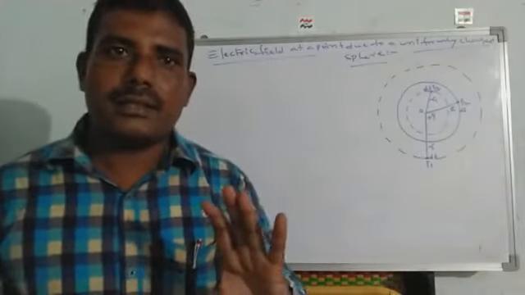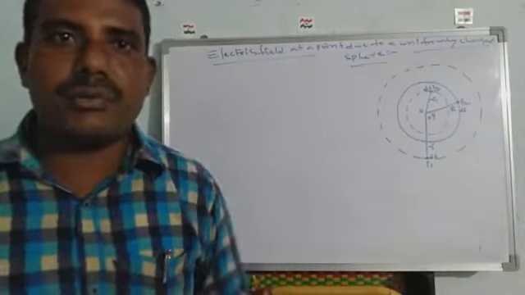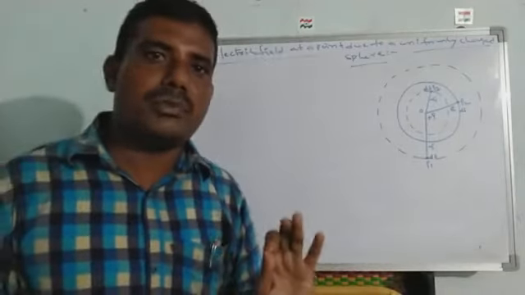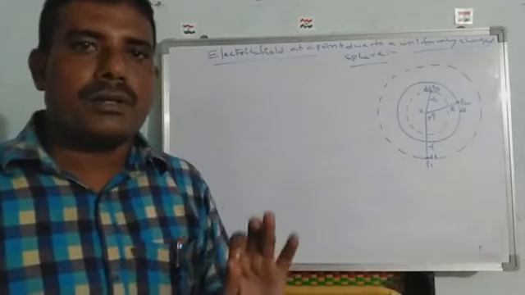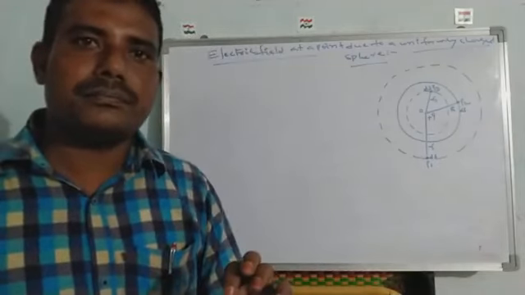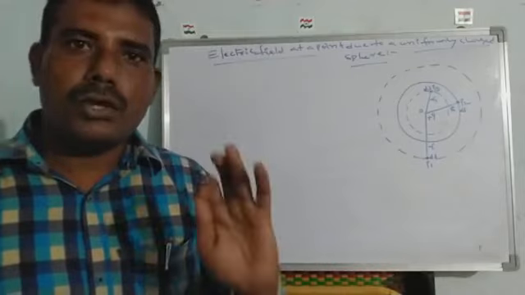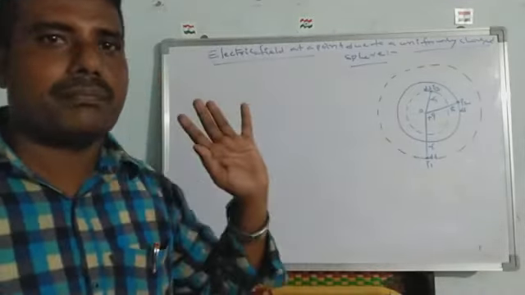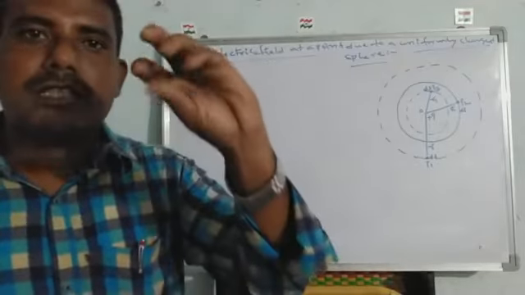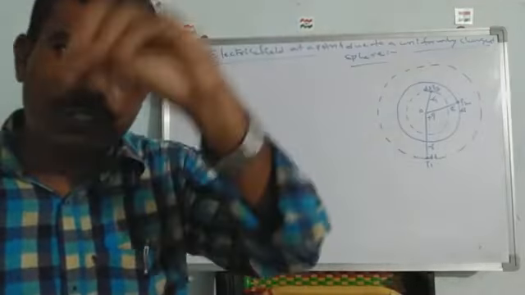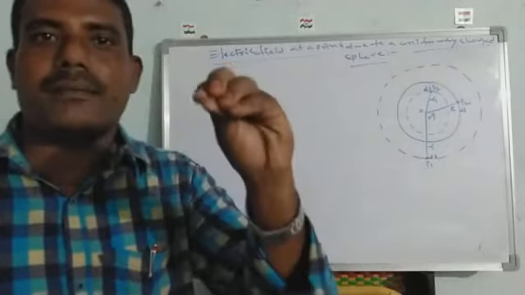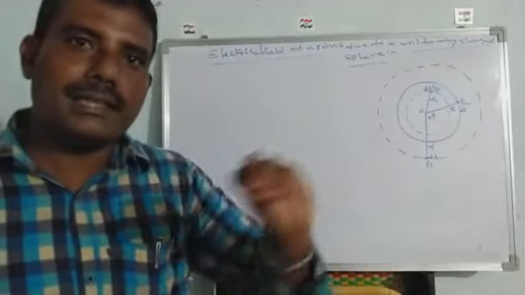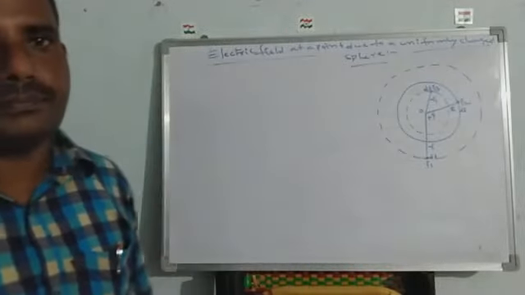From the symmetrical charge distribution, the electric field is the same at all points. That means the charge is uniformly distributed over the sphere. So the electric field is the same over the sphere.